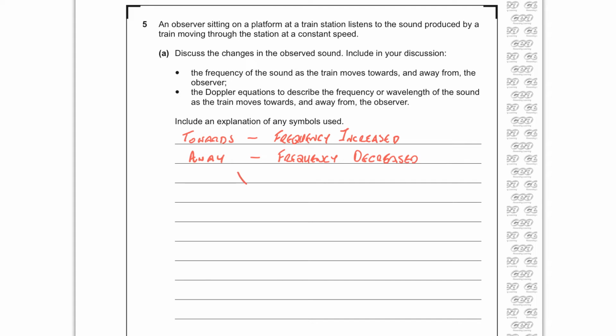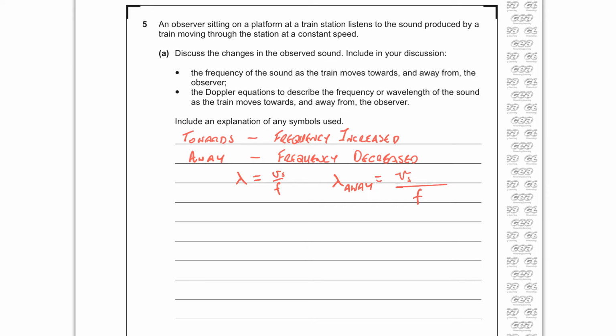Right, so normally lambda just equals v over f, where v is the velocity of the sound. But in the case of the Doppler equations, the lambda for moving away is modified by the movement of the train.